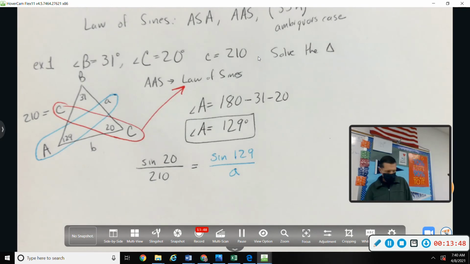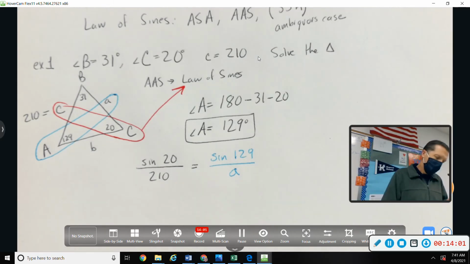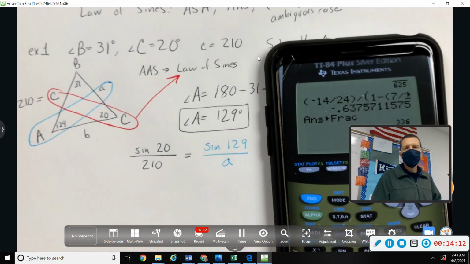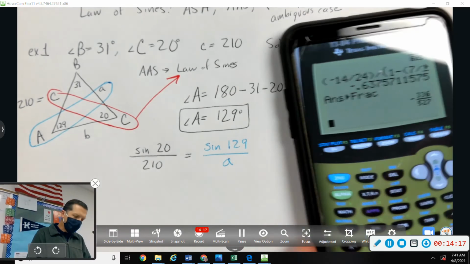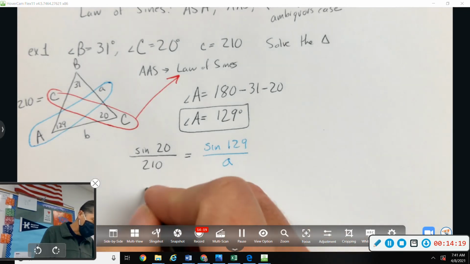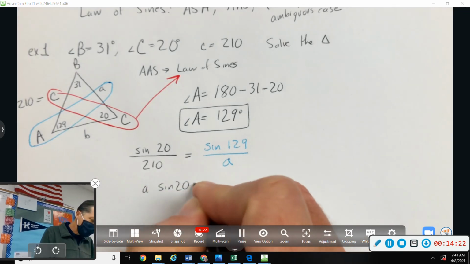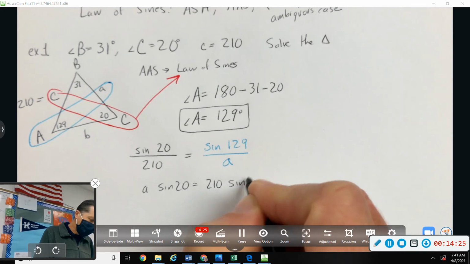Now I need a calculator. Well, I don't really need the calculator first. Let's move some things around here. So A sine 20 equals 210 sine 129, right?